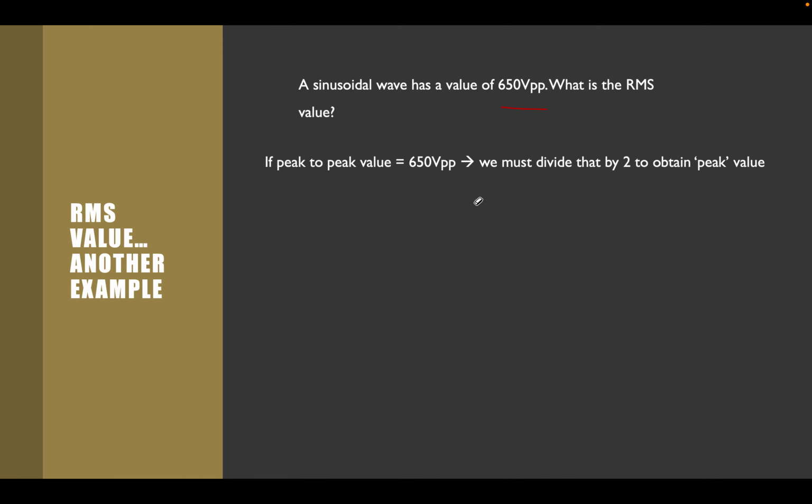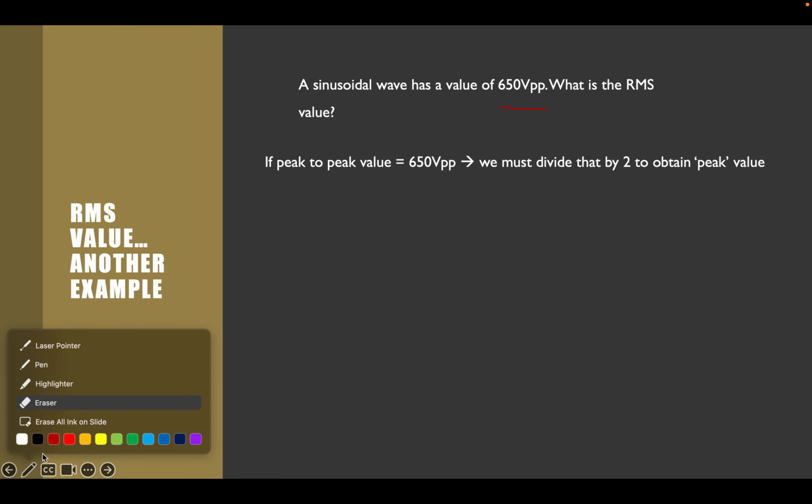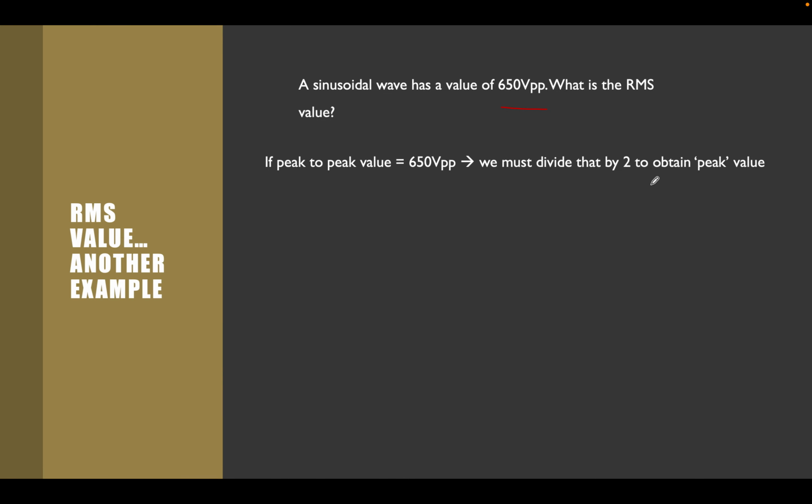So if peak to peak value equals 650 volts peak to peak, we must divide that by 2 in order to obtain the peak value. We've just gone through that. So peak value equals 650 divided by 2, which is 325 volts peak. You're going to see it as P there. When they're saying PP, they mean peak to peak. P means peak.